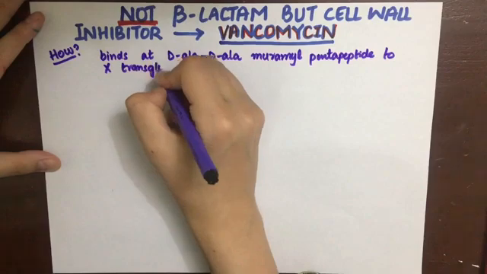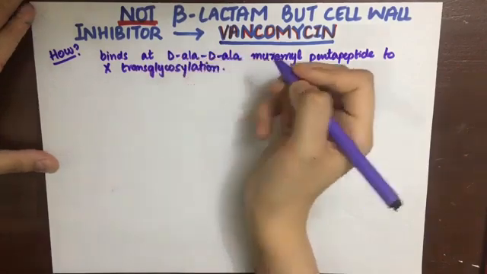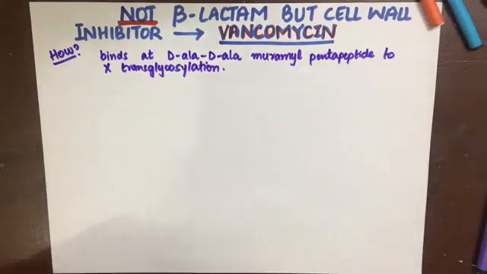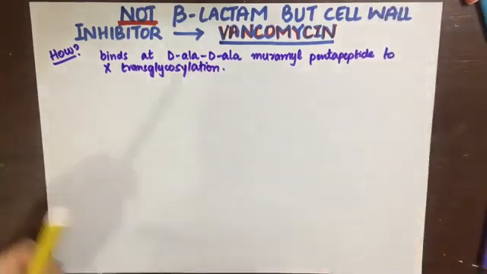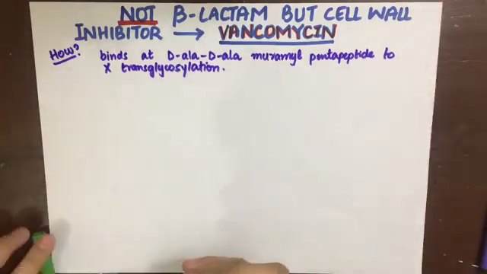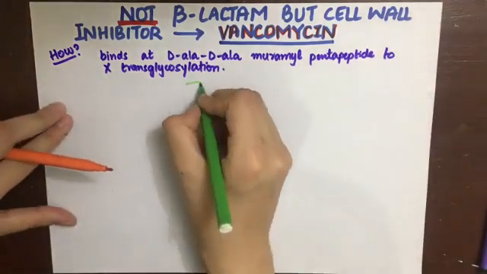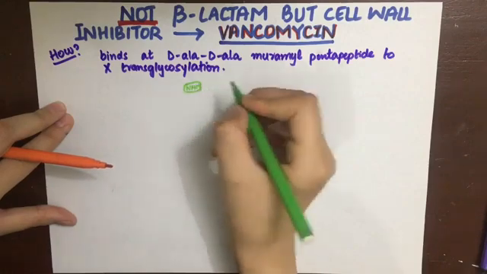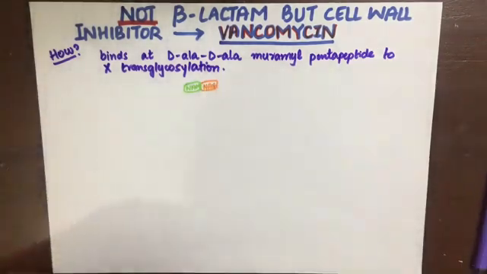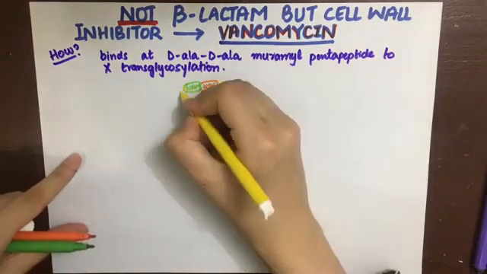As we studied for beta-lactam antibiotics, they worked by inhibiting transpeptidation, but vancomycin will inhibit transglycosylation in the bacterial cell wall. Normally, what happens is that the N-acetyl glucosamine and N-acetylmuramic acid residues of the bacterial cell wall have terminal D-alanine residues.